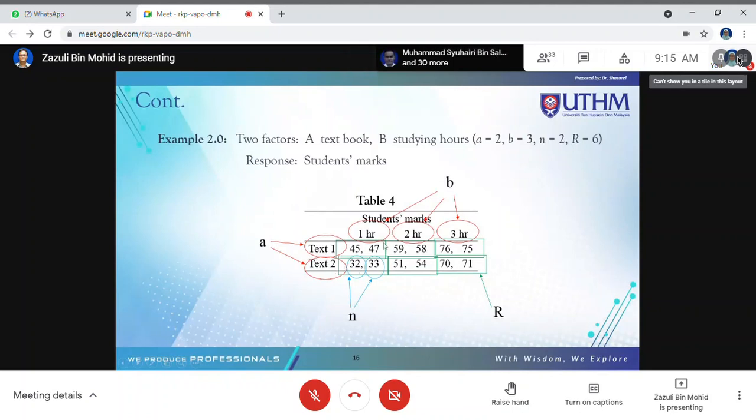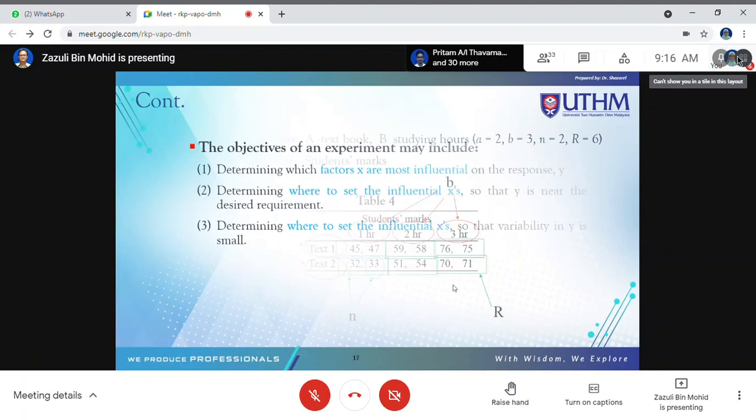Each has a different n. We have 2n for each level in factor B. So we have total data here: 1, 2, 3, 4, 5, 6, so we have 12 responses. For text 1 we have 6 responses, and text 2 we have another 6 responses.